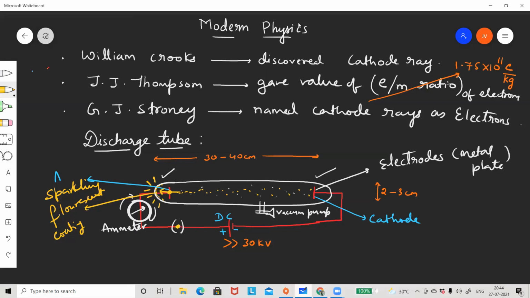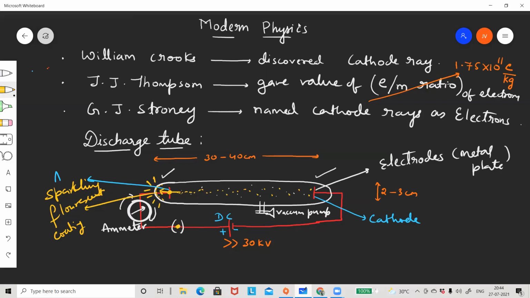Okay, so a long glass tube, with end points that are metal plates connected to a high voltage, high tension source. How much voltage? Extremely high voltage. And inside the tube, some air or some gas at very low pressure.